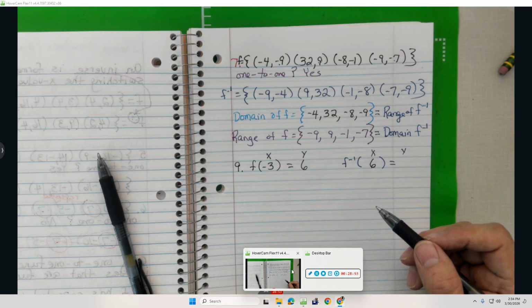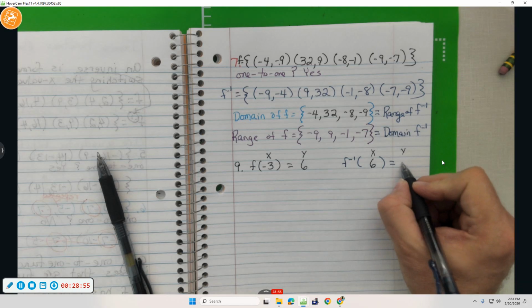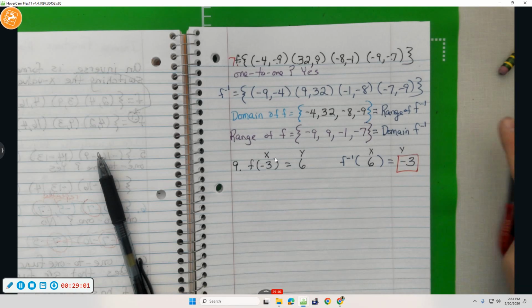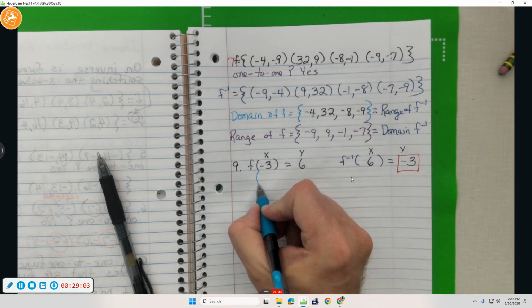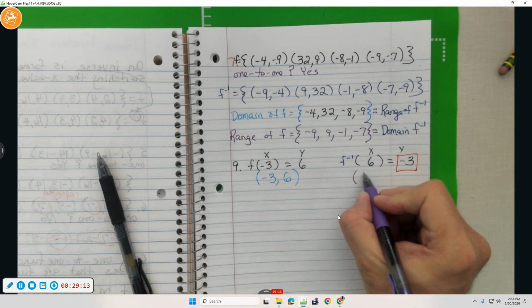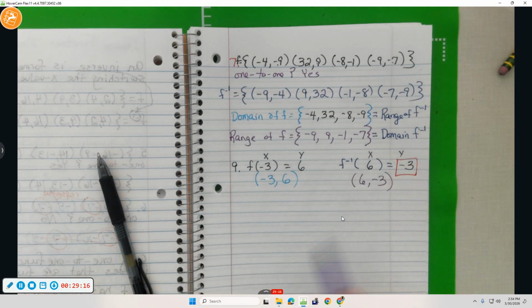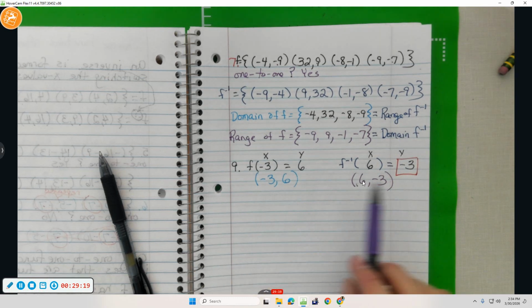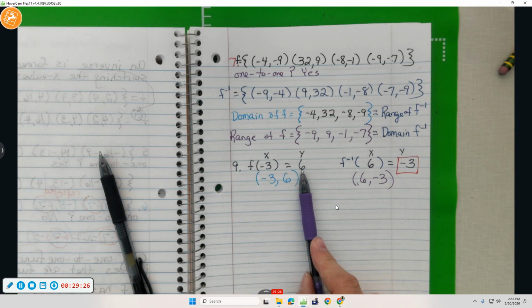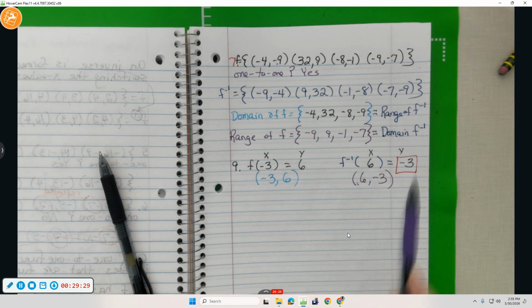Write out the ordered pairs that this first statement generated. Here's this ordered pair, x, y. With the inverse, it should be swapped to 6, negative 3. So f of negative 3 equals 6 means f inverse of 6 is negative 3.